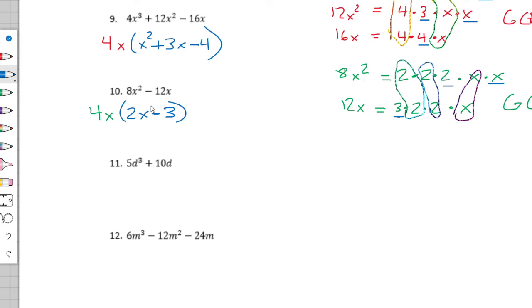And then just to check, we're going to multiply. So 4x times 2x, so 4 times 2 is 8. And x times x is x squared, so 8x squared. So good, matches up. 4 times negative 3 is negative 12. And x, so that matches up. We're good. All right. Next one.